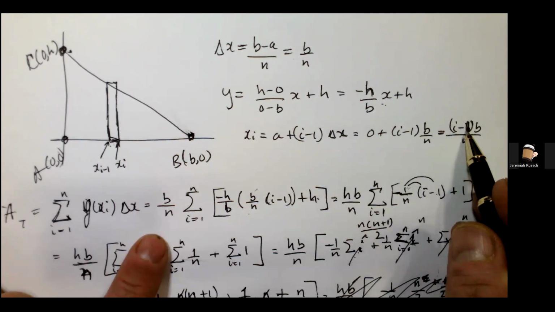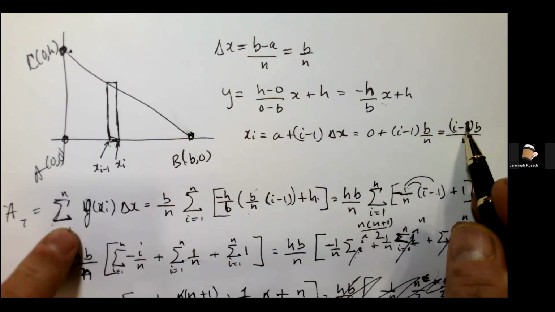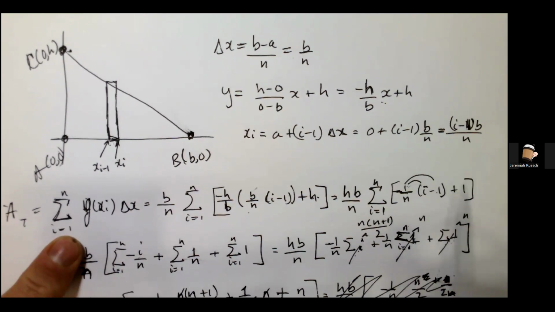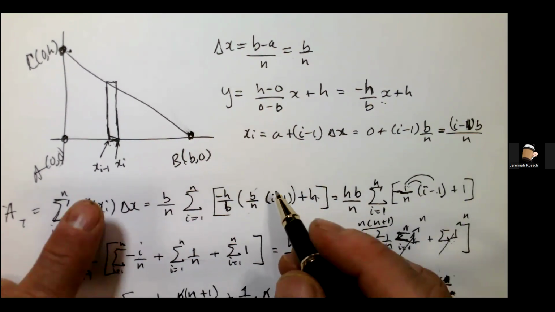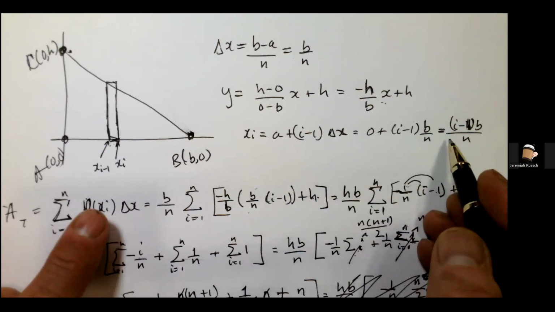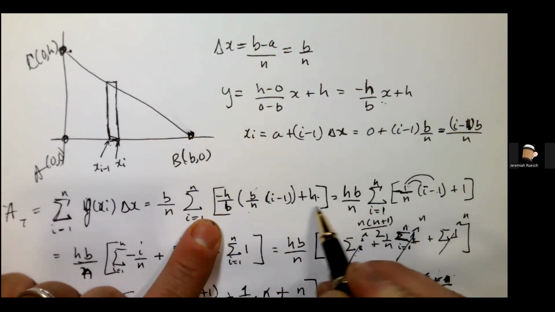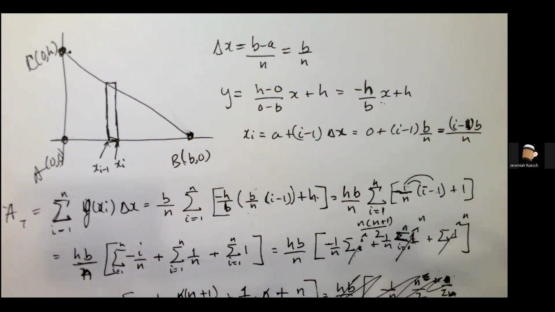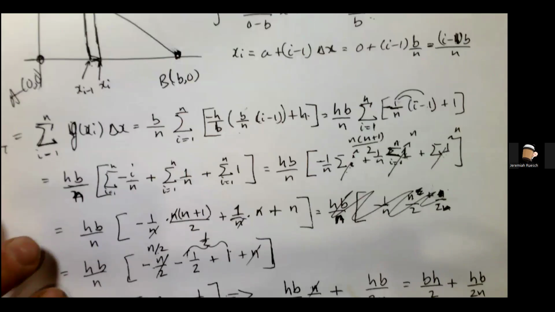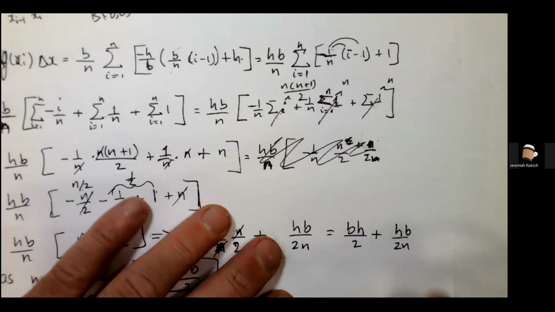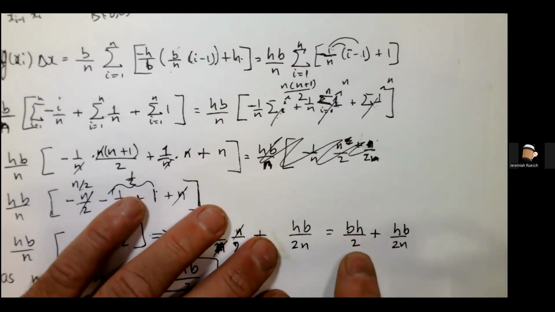The i minus 1 here coming from the fact that I'm going to start my sum at 1 here. Okay, so plugging in then for xi into my height of the rectangle here is what this is, and then just simplifying and collapsing down, it eventually gets to this relationship here, bh over 2 plus hb over 2n.